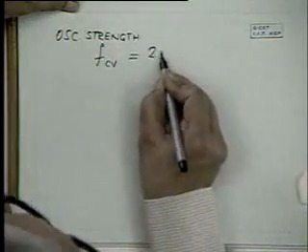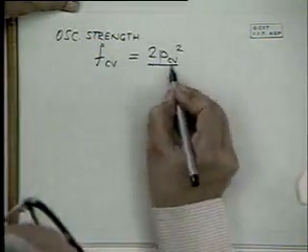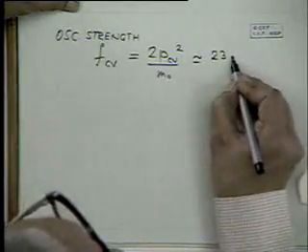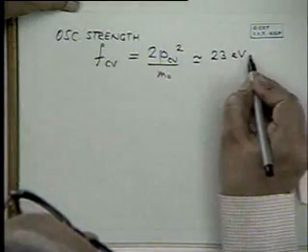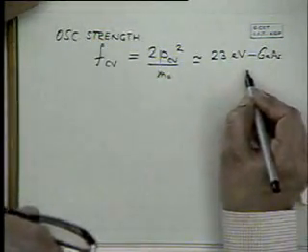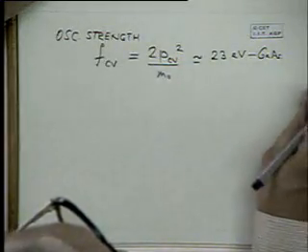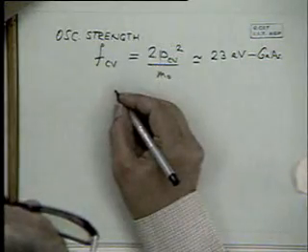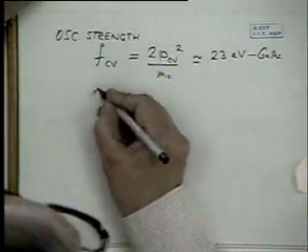FCV is twice PCV squared by m0, which is 23 eV for gallium arsenide. What are the other terms? nR is obviously the refractive index.